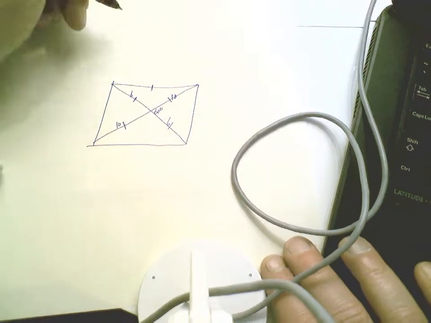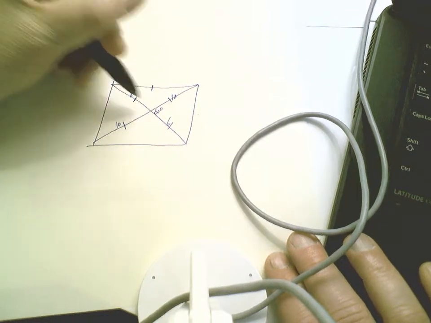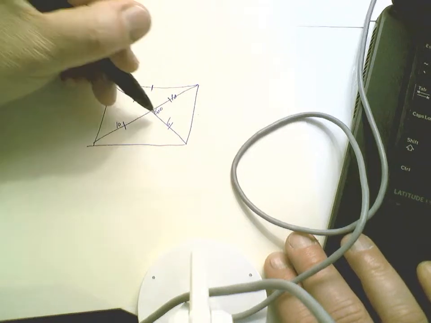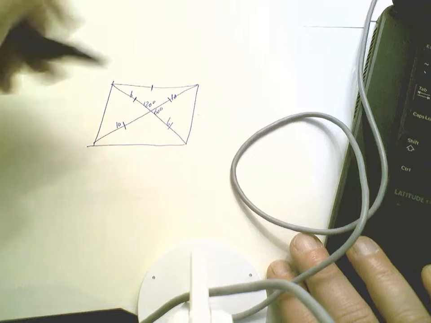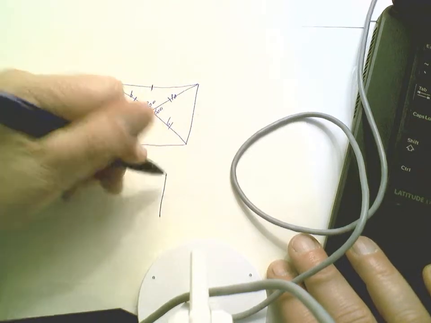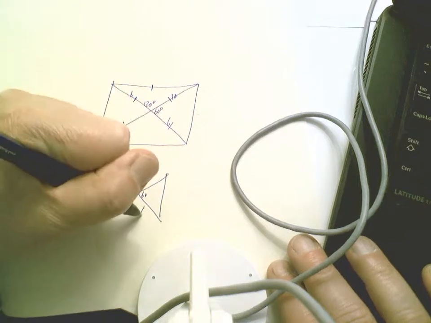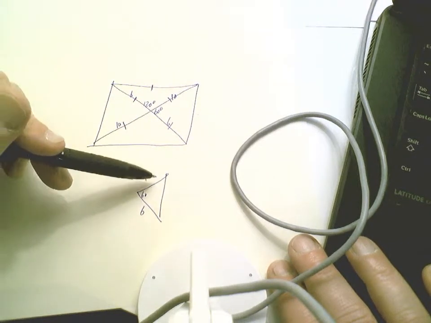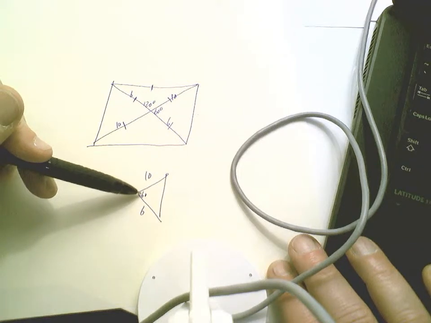So let's do the following. Take one more look at one more thing. 60 degrees here. This again is a line. These got to be supplemental angles. That's 120 degrees. And so if I could find that length with a triangle that has what? A side 10, side 6, and 60-degree angle in between.